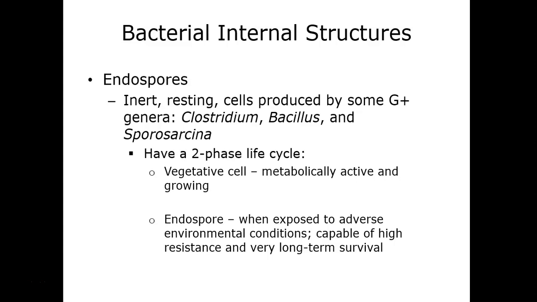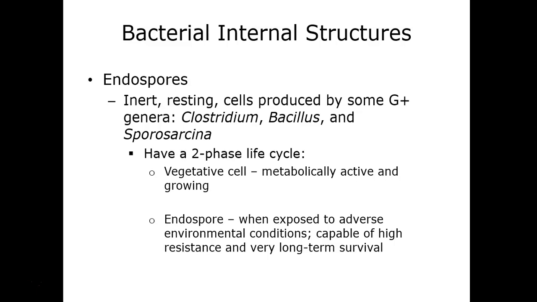Now, we talked about back in chapter 1, when these cells, these Clostridium, these Bacillus, the Sporosarcina, are subjected to a stress condition, they can almost do like the turtle does. They can pull their head and arms into the shell. And when they do that, they actually go dormant. They protect themselves.